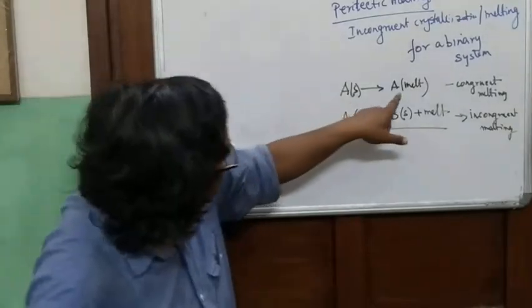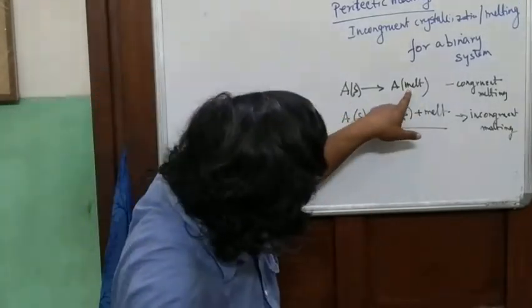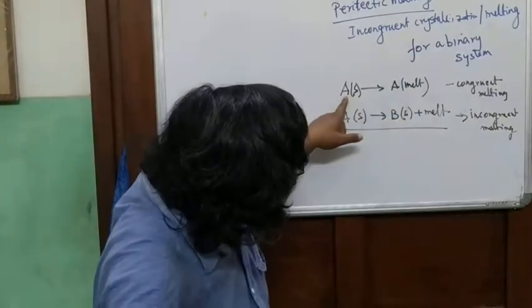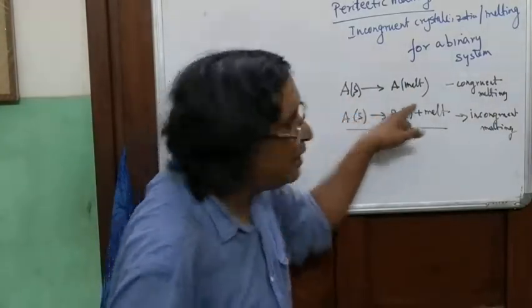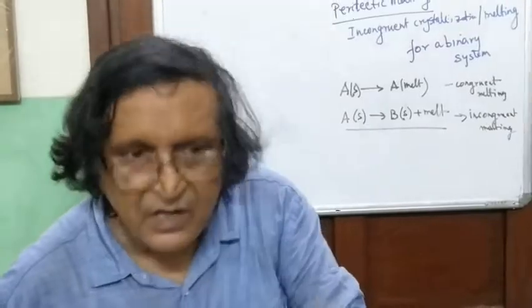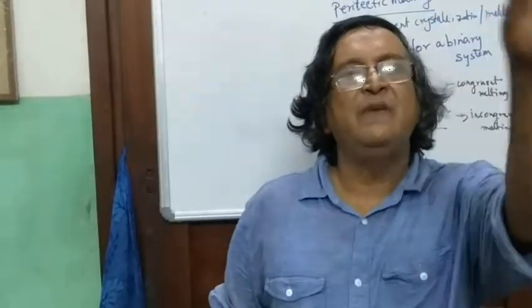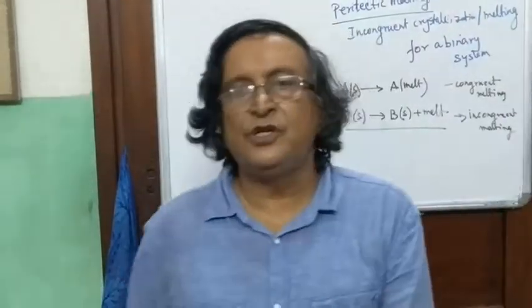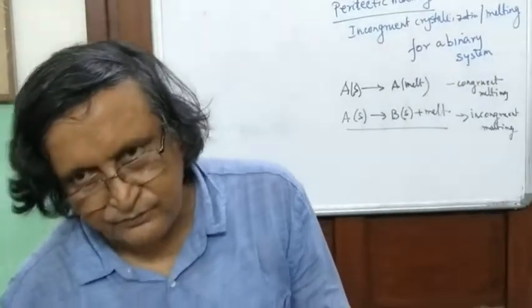So here, what is the difference? Here, if you melt the solid, the composition is that of the melt. Like you take a pure iron and you melt it. The composition of the iron melt is also iron.